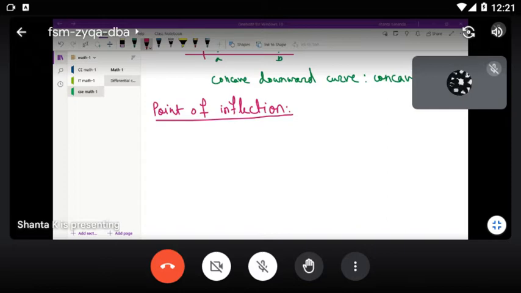What does the tangent line do there? How does it look? Ma'am, I think it becomes parallel to the x-axis. Parallel to x-axis. If tangent is parallel to x-axis, what happens to the slope? Slope becomes zero. Here we are getting the second order derivative zero.